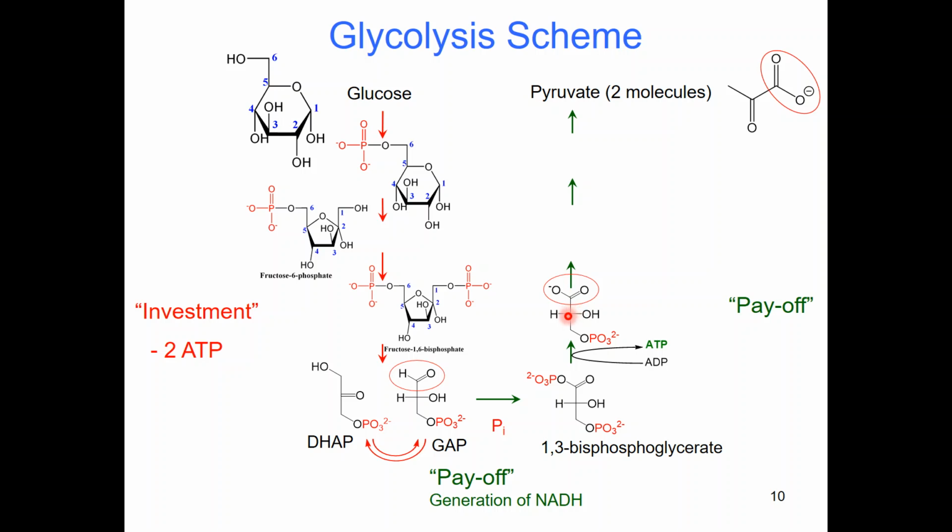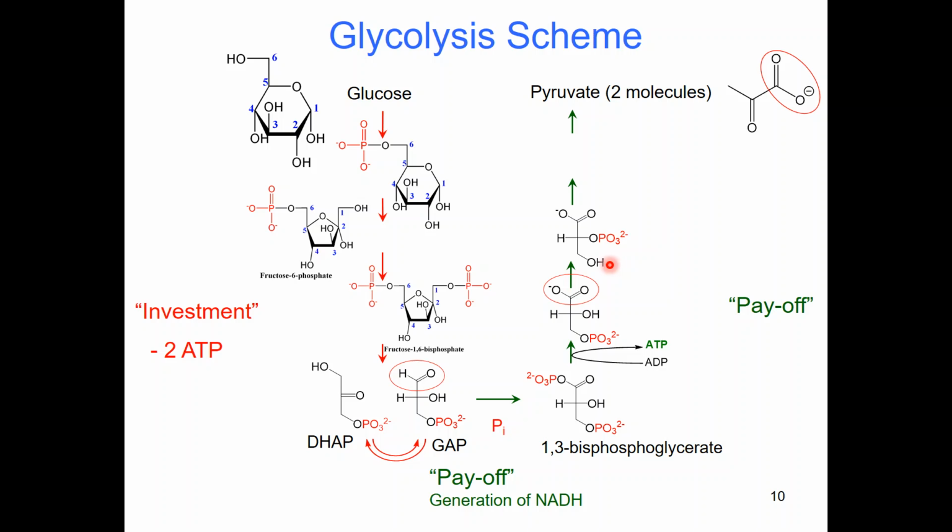And what should be the changes? This carbon should become part of a keto group, right? And we need to remove oxygen. The best way to do it is to isomerize 3-phosphoglycerate into 2-phosphoglycerate. So you see, we move this phosphate group from the third hydroxyl group to the second hydroxyl group.